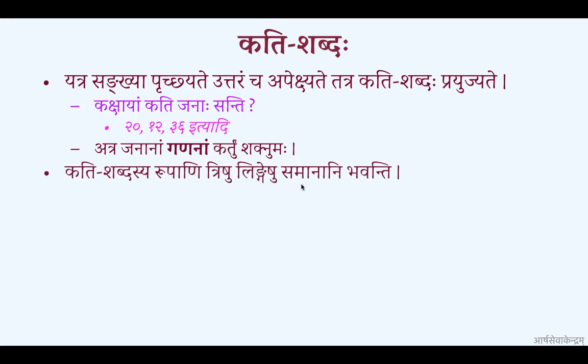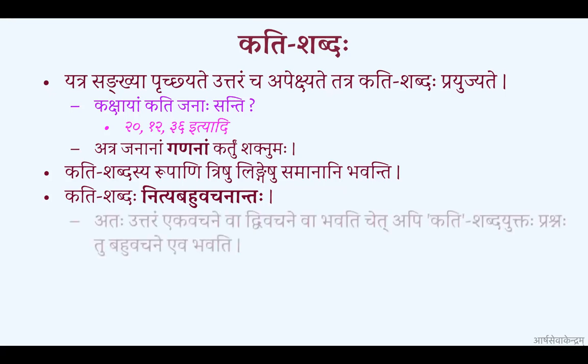And then trishu lingeshu rupani samanani bhavanti. In all three lingas, the forms are the same, and kati is always in Bahuvachana. There is no equivalent of kati in Ekavachana or Dvivachana.